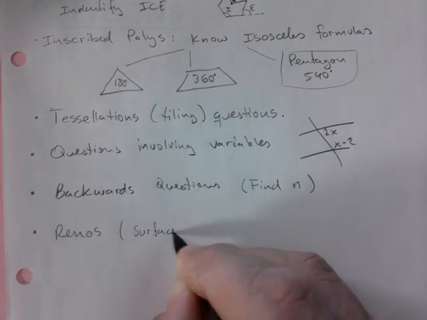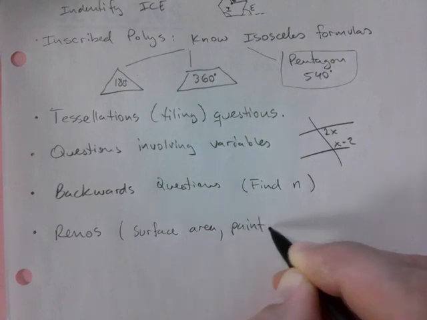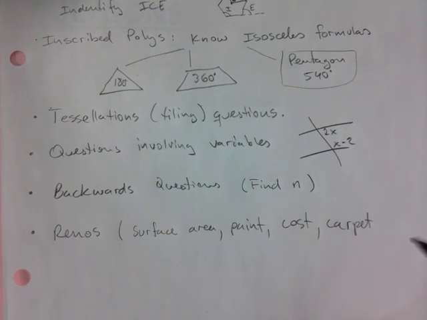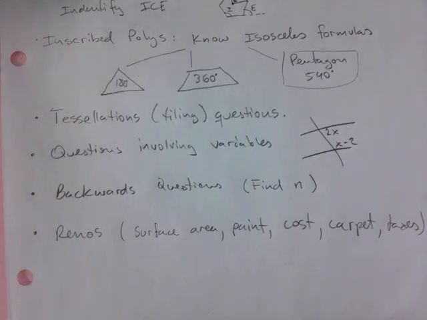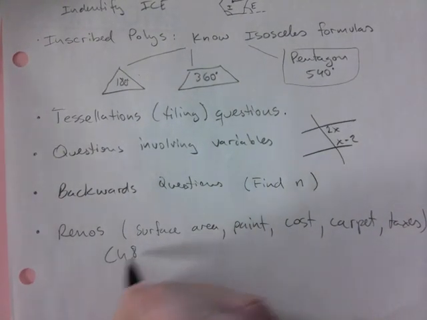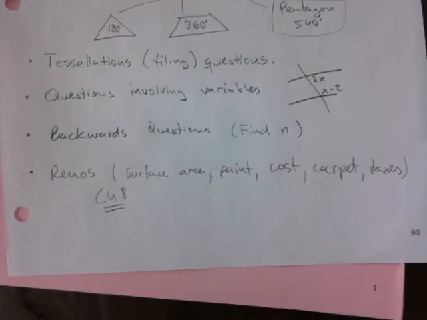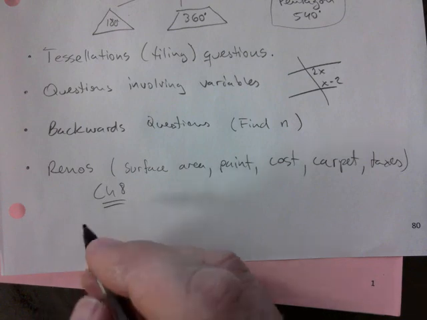Surface area, paint, cost, carpet, keywords, taxes. That would be chapter 8, right? And you know what?